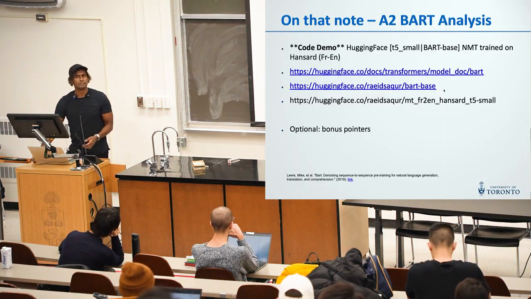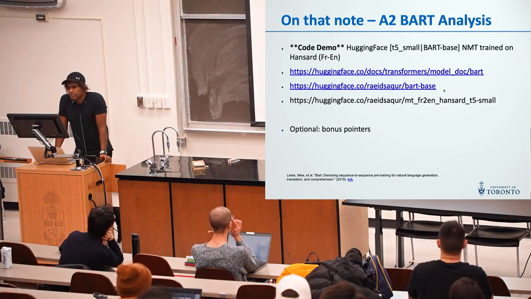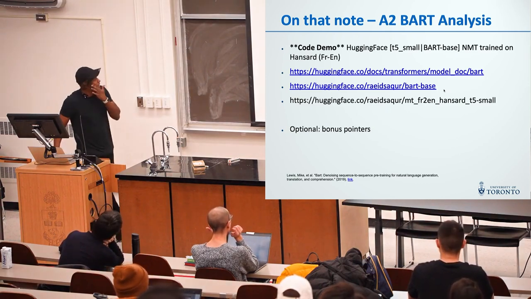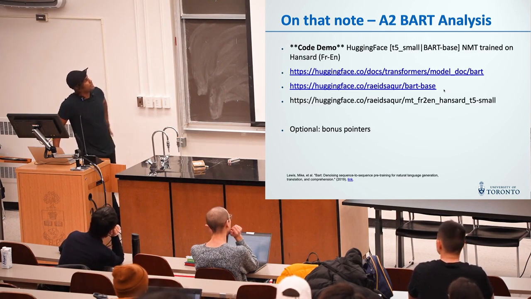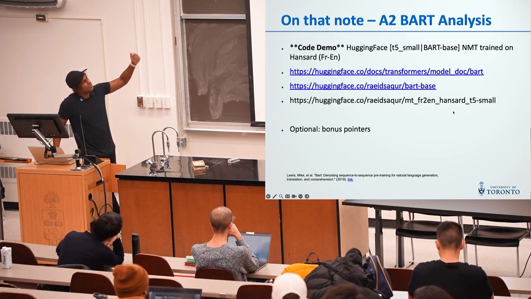Okay, so just to make my point clear, I'm just going to do a code demo. It's in your assignment, I think in the analysis section. What I've done is, you are going to be using Hansard, and I've taken T5 base.